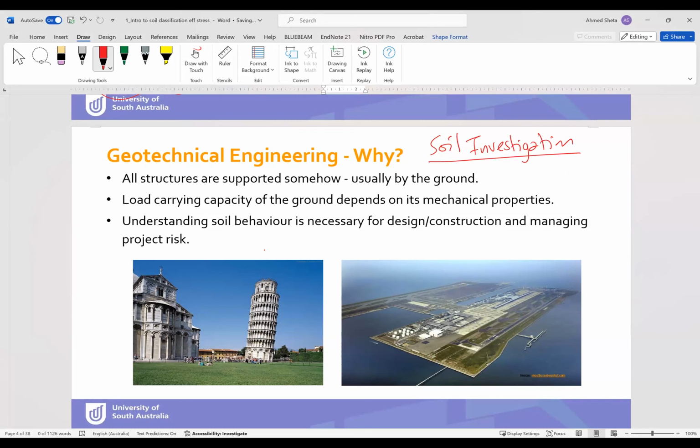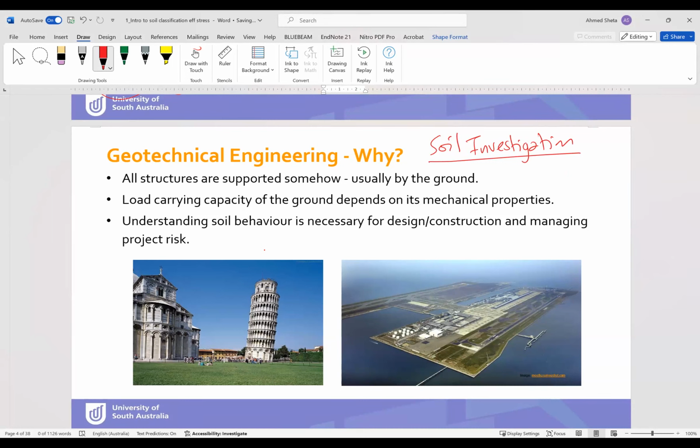So the geotechnical engineering part is quite important to a construction manager or engineer to understand what the soil is and, if there is any problem with the soil, how to deal with it.